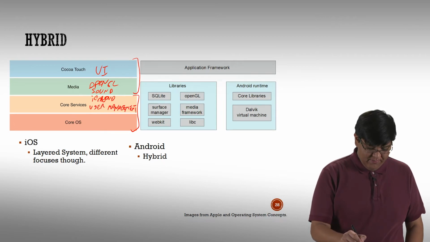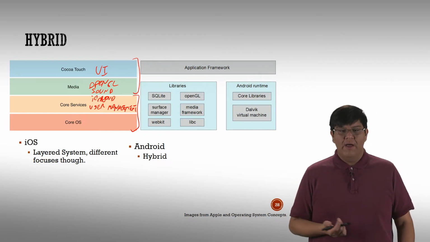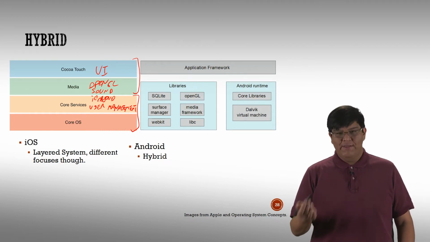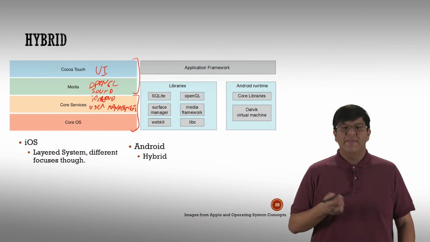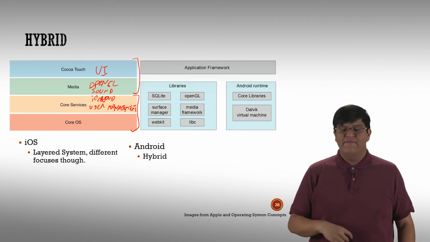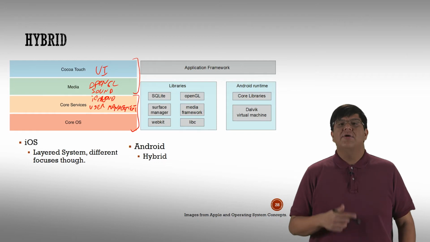Those types of things go in core services. So core services is really talking about things that are offered as part of the Apple OS experience. So you expect to be able to use iCloud on your mobile and on your desktop to get files from different locations. That's what it means by core services. User management, controlling that this user owns this product versus this user owns this other product and has access to this and this and this. All those things go under core services.